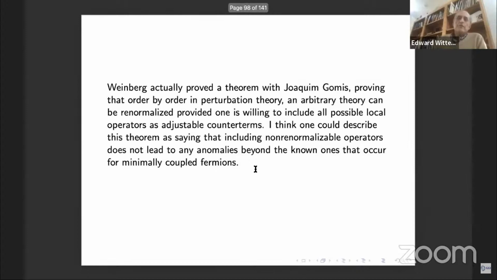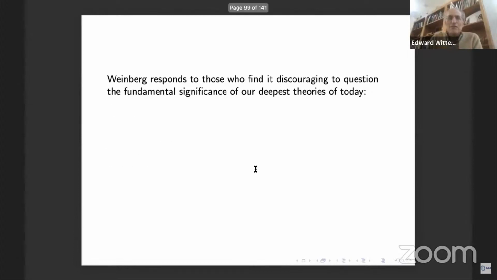So, in the concluding part of his talk, Weinberg responds to those who found it discouraging to demote the gauge invariance and other aspects of the standard model from fundamental principles to low energy approximations in an effective field theory. So he's responding to those who find it discouraging to question the fundamental significance of the deepest theories we have.